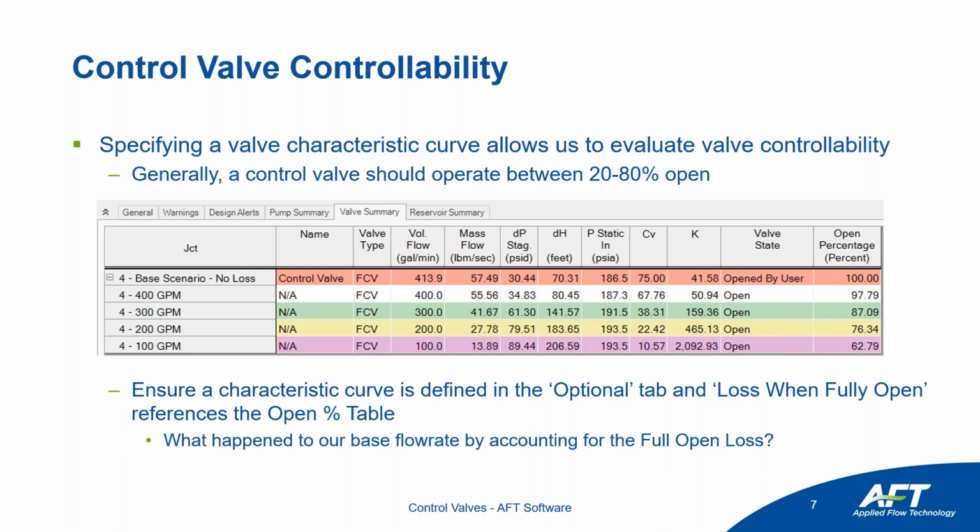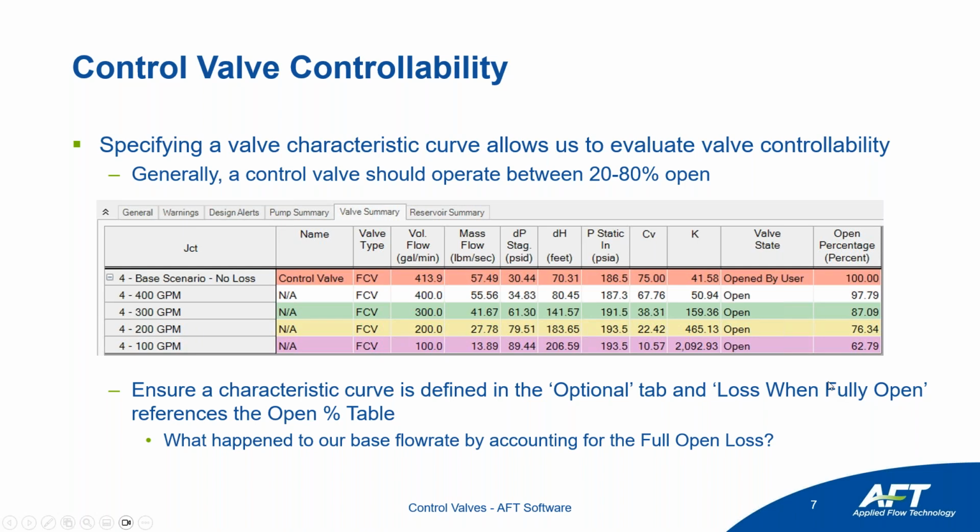So a question that hopefully you have is what happened to our base flow rate when we started accounting for that full open loss? So here in our base scenario, even though we've labeled it no loss, at this time we've again updated that loss when fully open to our CV of 75.